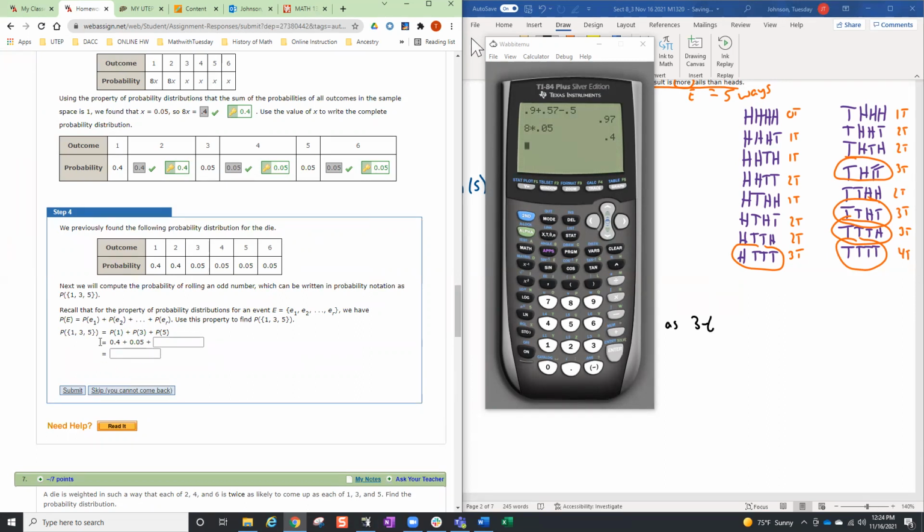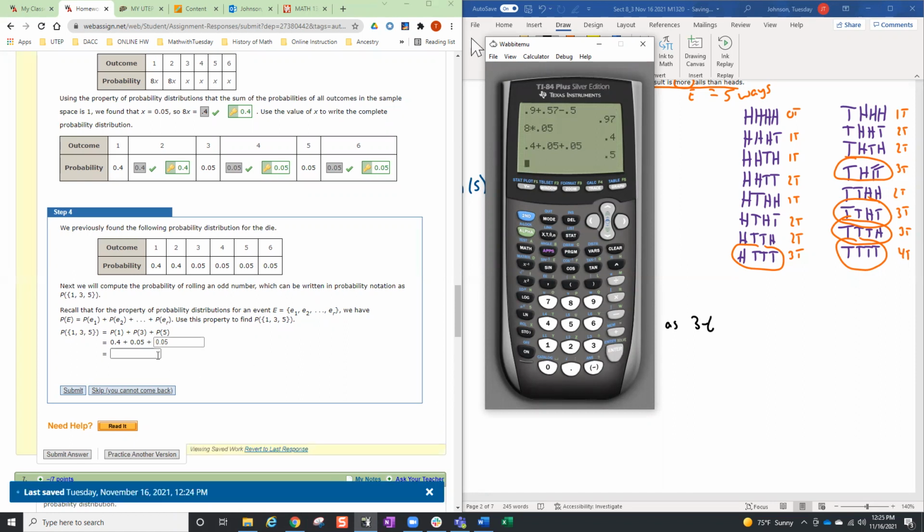So we can find the probability of events 1, 3, and 5 by finding the probability of 1, which is 0.4, the probability of 3, which is 0.05, and the probability of 5, which is also 0.05. And when we add those up, 0.4 plus 0.05 plus 0.05, we end up with half.